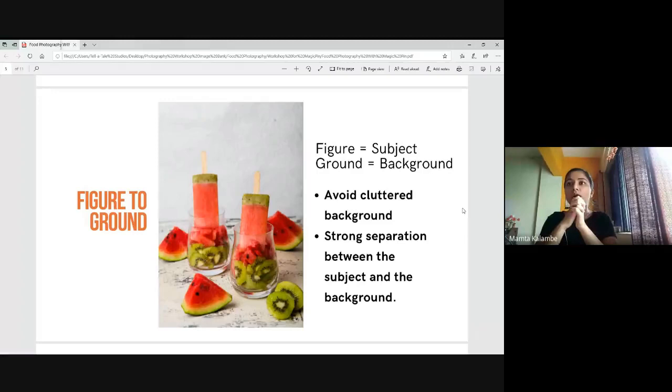Okay. So one way to achieve a good figure to ground is to avoid any cluttered background. Whenever you're using any background, one thing you have to make sure of is the color of the food item that you're going to shoot, and depending on that, select your backdrop.